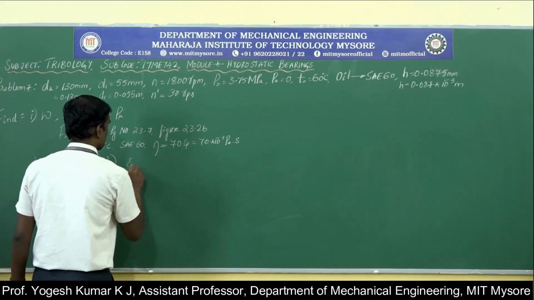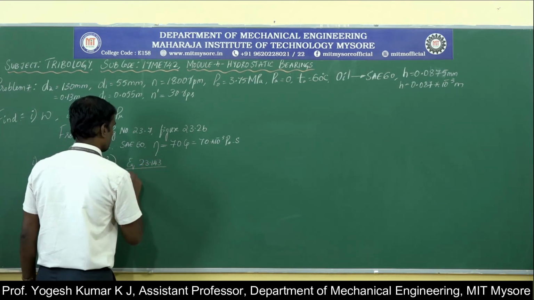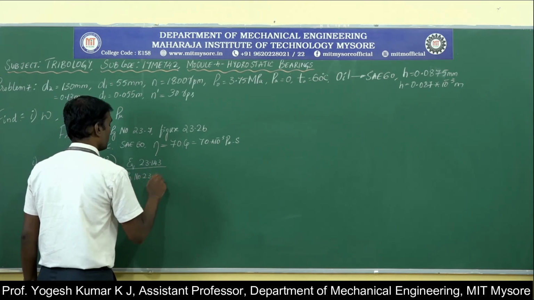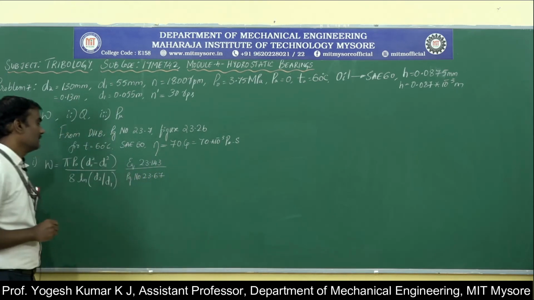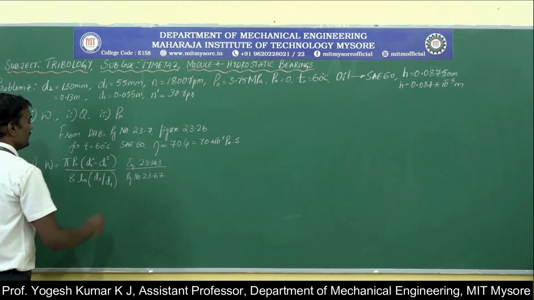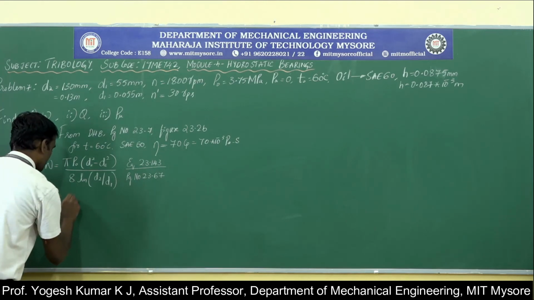That is equation number 23.143, page number 23.67. We know the supply pressure, we know the diameters, and we can just calculate the load carrying capacity.